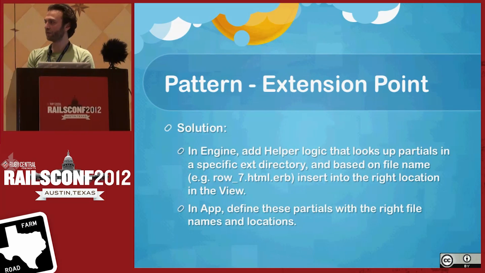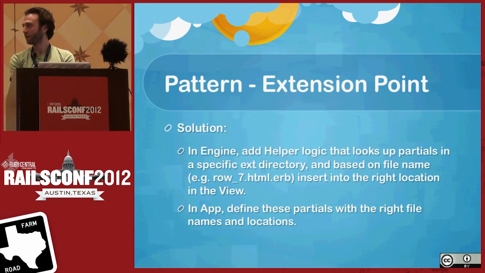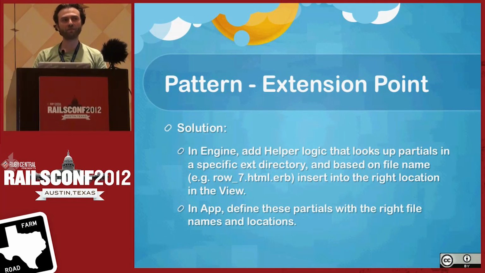You have that helper read partials from an extension directory, and by convention, from the file name of the partial, you can figure out which position it needs to be inserted at and then insert it automatically. A nice thing about this is you don't have to predefine many partials just for the sake of letting them be overridden. You've used the power of putting logic in helpers to do that. And then in each app, you define those partials, and problem solved.